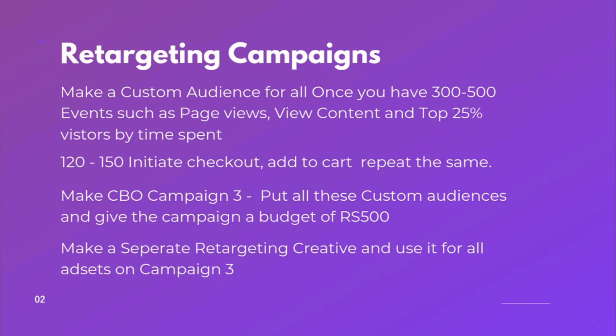You need to make a separate retargeting creative and use it for all your ad sets in campaign 3. Retargeting creatives, essentially ads, are different from a normal creative that you run. So make a separate retargeting creative and run it along with this CBO campaign 3 with a budget of 500 rupees.